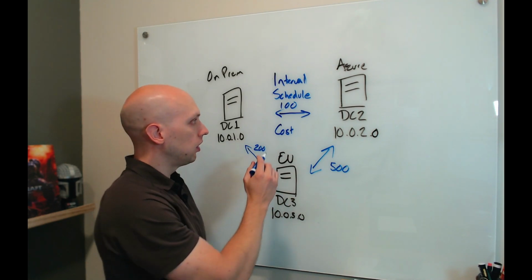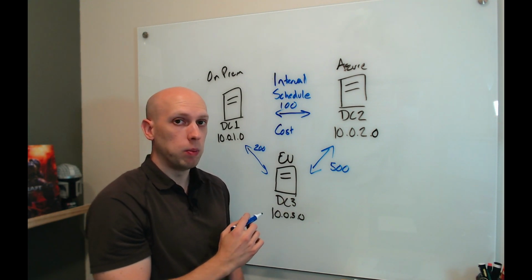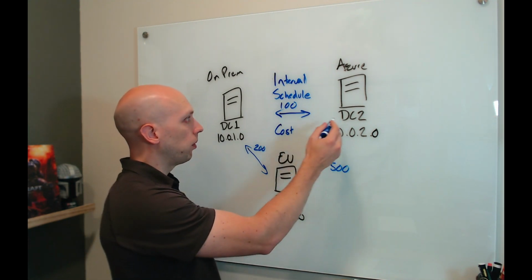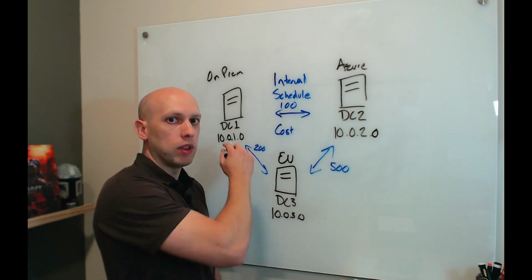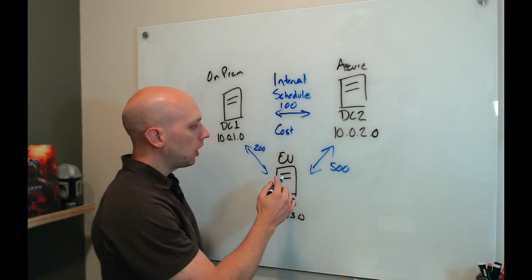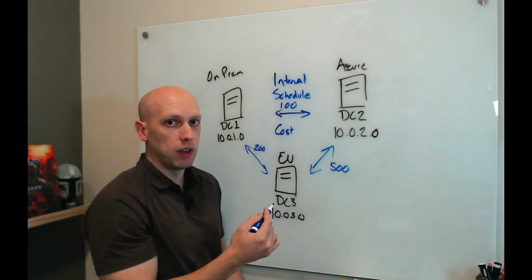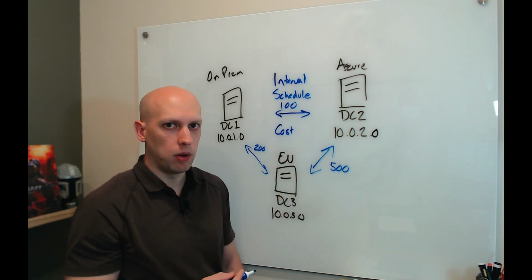The cost for that is 100 plus 200. It's a 300 route. Meaning replication is going to occur from Azure to on-prem to EU for everything instead of using this 500 cost link. The only time it will use this is if one of these other links goes down or is unavailable, and now it's okay to use this as a fallback.